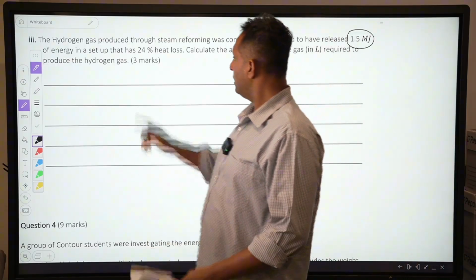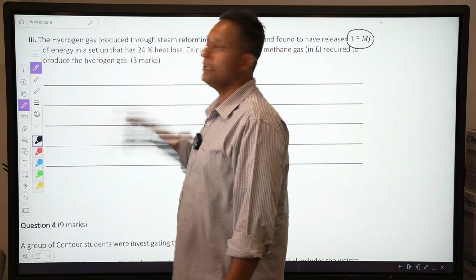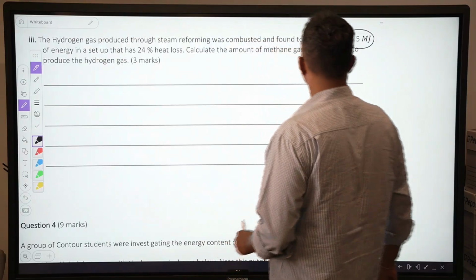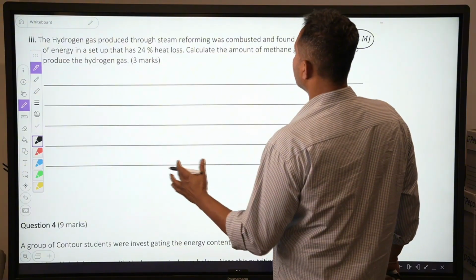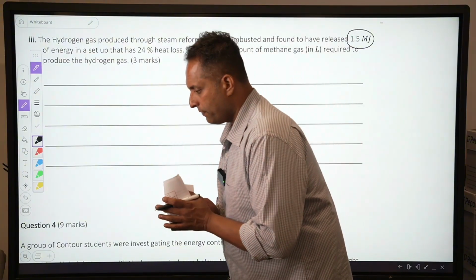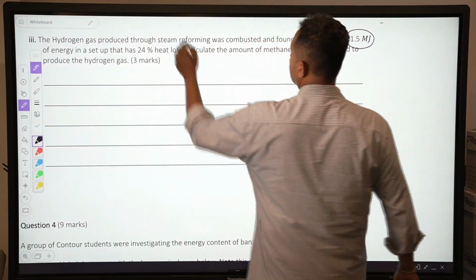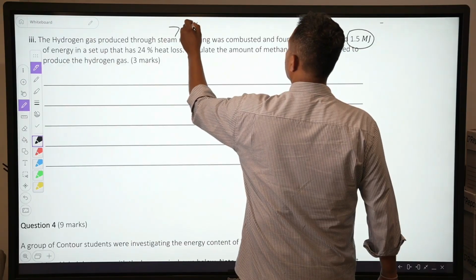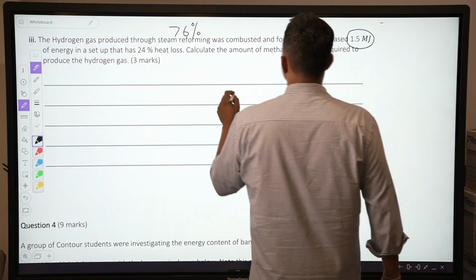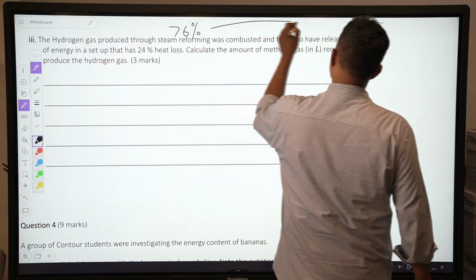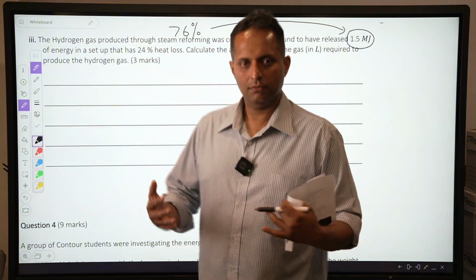However, if some of the heat is lost, in other words, 24% heat is lost means 76% of the heat from the hydrogen has been absorbed. So this value here is the amount that we were able to capture.